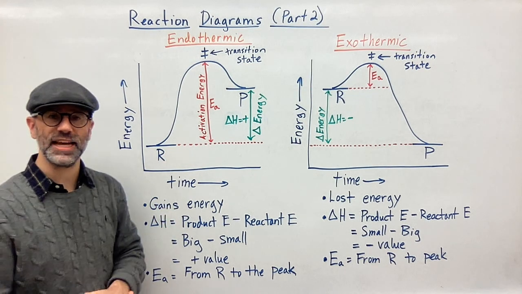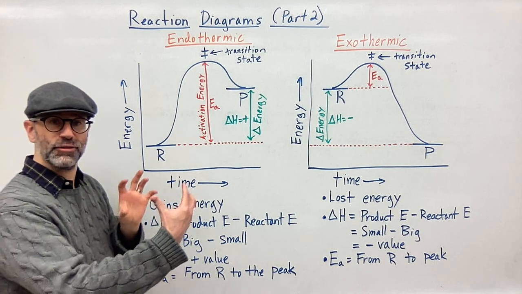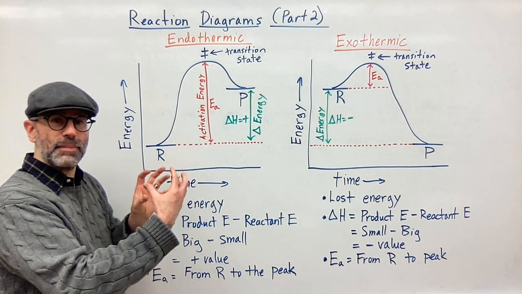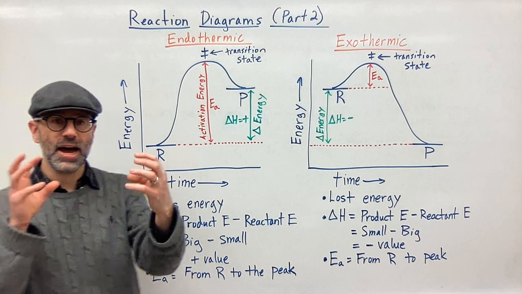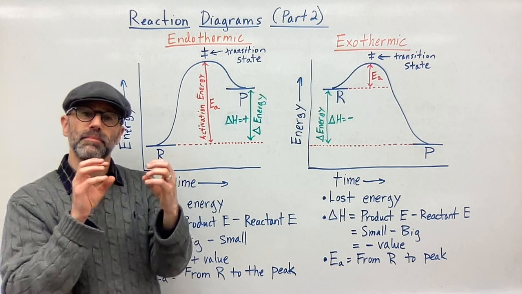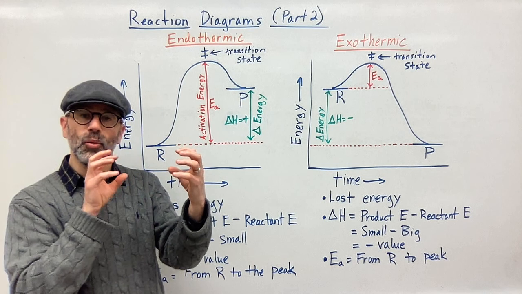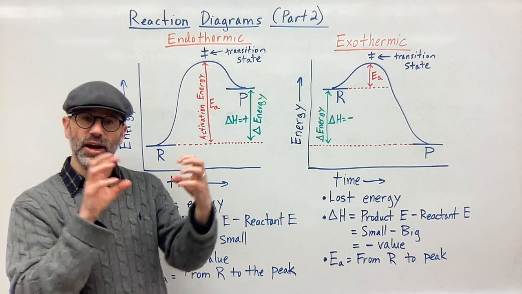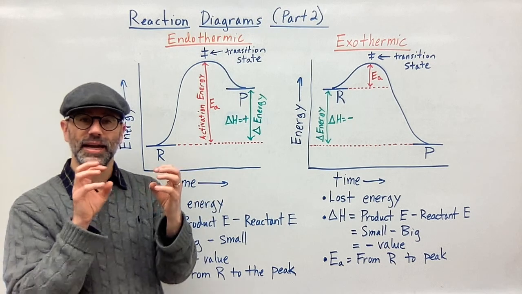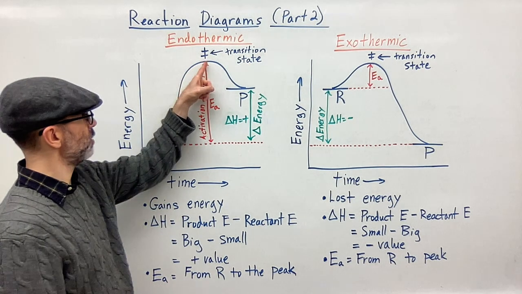The transition state is where the molecules are hitting each other, and during that process of colliding, you have bonds being broken and, at the same time, bonds being formed. So you get this transition state where both things are happening at the same time. This is happening at this part here.